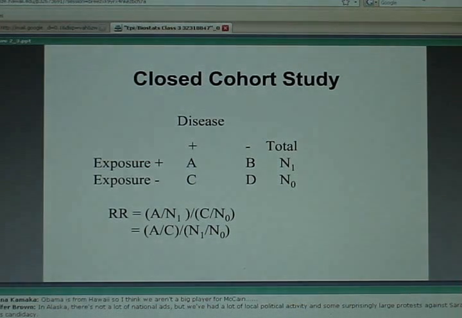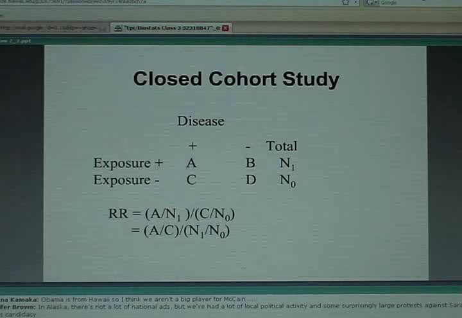You're comparing the size of the spam group to the size of the non-spam group. So N1 divided by N0 is the odds of being a spam user among everybody who was in your cohort study.